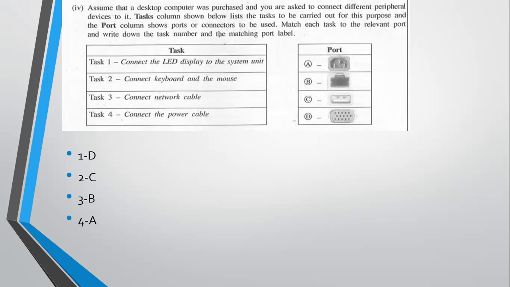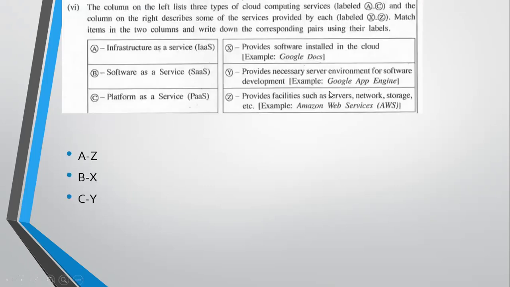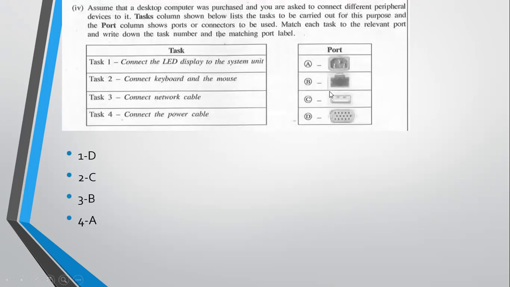That way we can identify whether the network is connected to the computer. Task 4, connect the power cable. A is the port for the power cable. So the answers are B, C, D, C, B, and A.